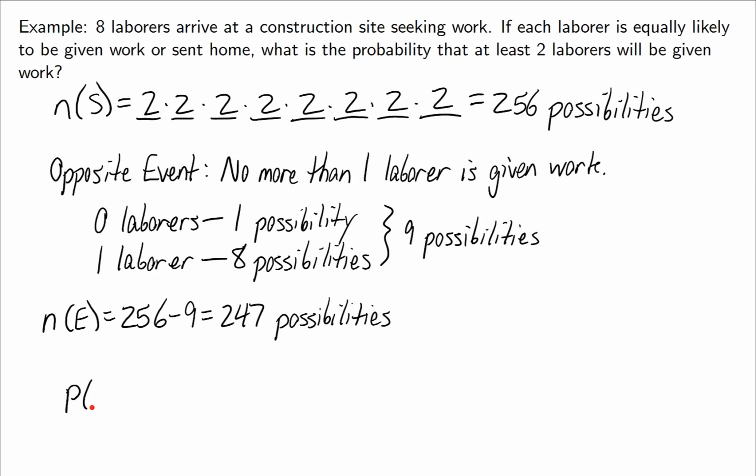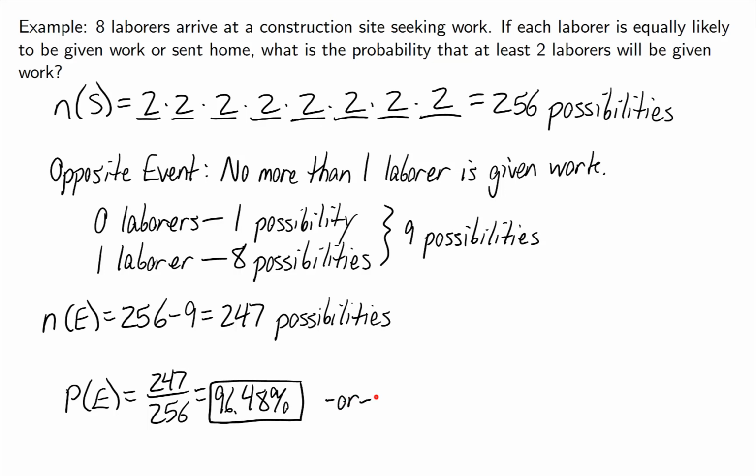We can now calculate the probability. The probability would be 247 out of 256, and I'll write that as a percentage, to get a 96.48% chance of having at least 2 people on the job site.